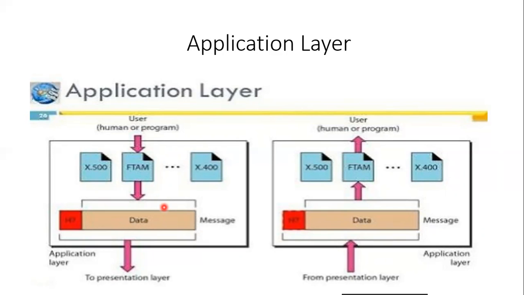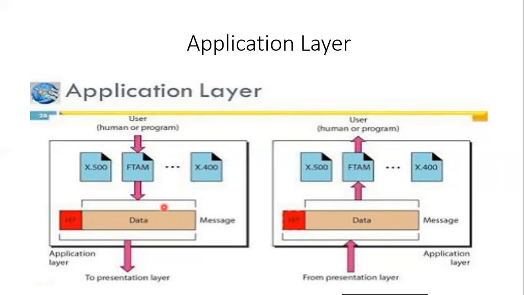This layer does not provide services to any other OSI layer, but only to applications outside the OSI layer. For example, the application layer uses spreadsheet programs and word processing programs.